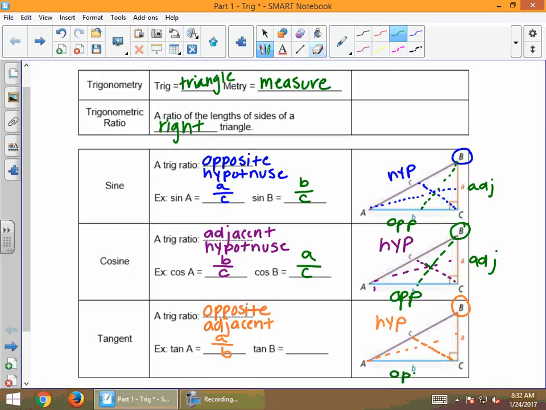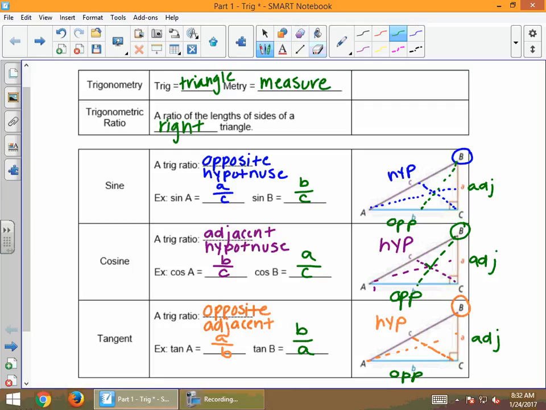So this is now our new opposite, and this is now our new adjacent. When we write the ratio for tangent of B, opposite is now little b, and the adjacent is now little a. You might notice the ratios just flip-flop when your angles flip-flop. So that's how you set up those ratios.